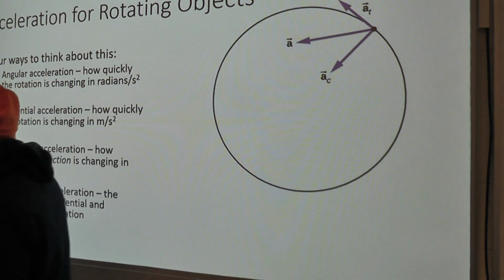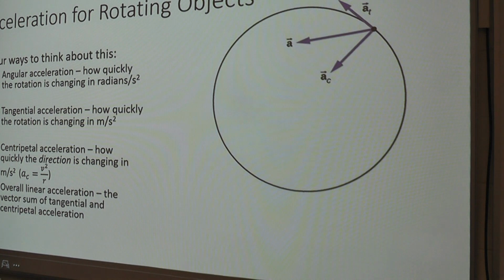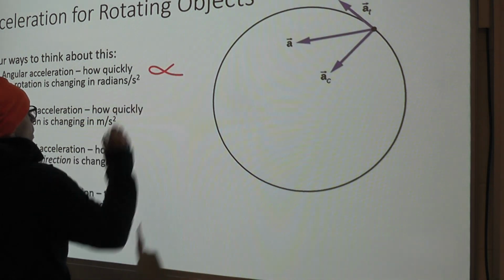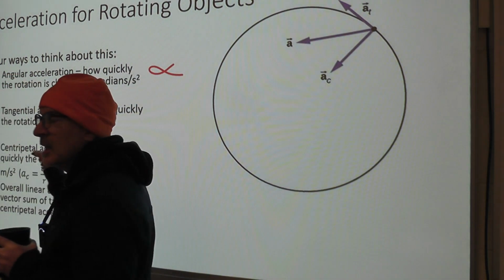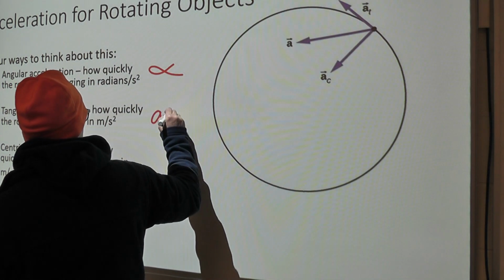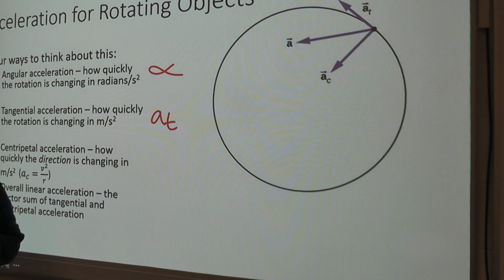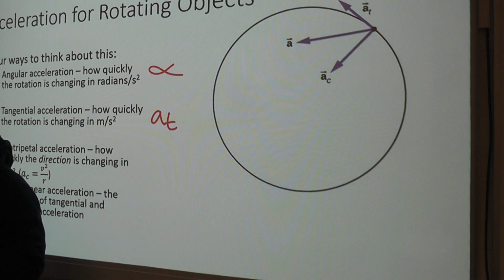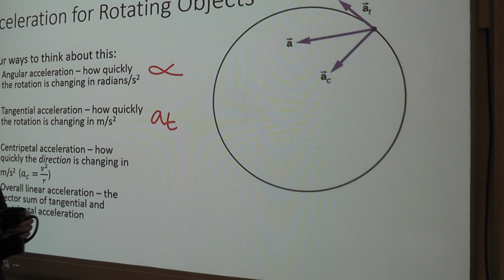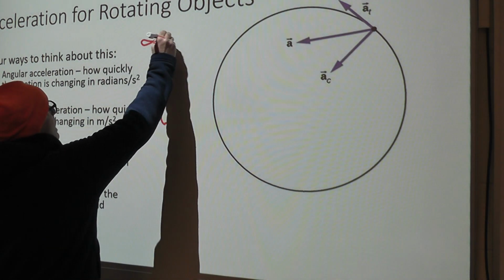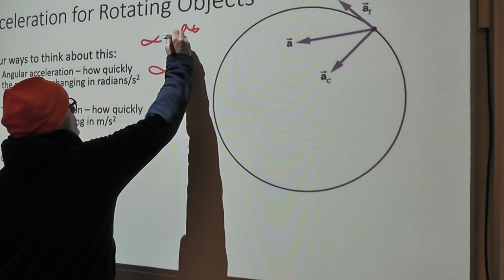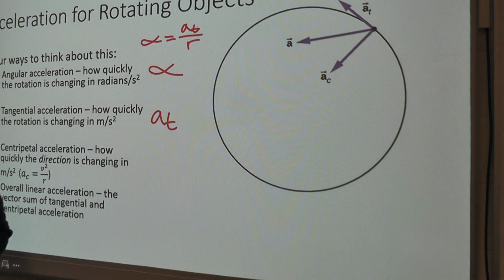Angular acceleration, which we use the term alpha for, and tangential acceleration, our variable is a with a little t, and these are linked to each other by the distance that the rotating object is from the center of rotation. Specifically, alpha is equal to tangential acceleration divided by that distance.